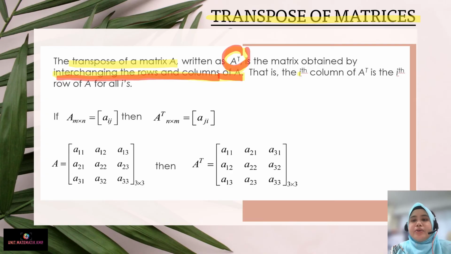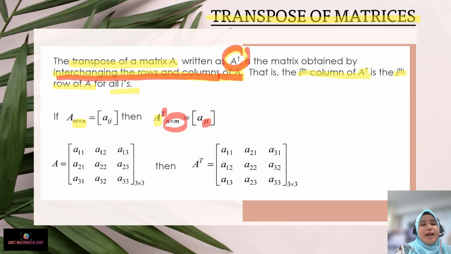That is, the i-th column of A transpose is the i-th row of A for all i. Okay, let's look at an example. If matrix A has the order of M by N, with the element Aij, when you do the transpose, the order will change, same as the order of the elements.